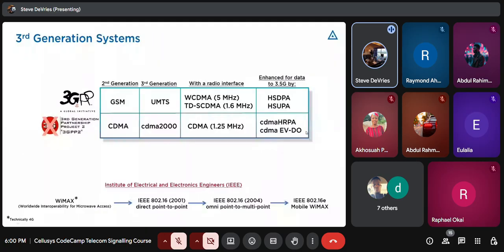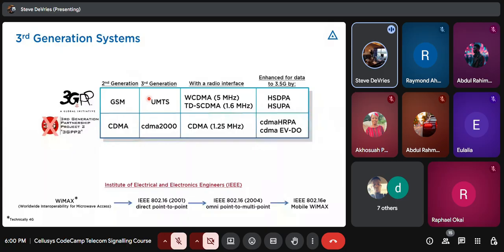So at this point in time, you had two different groups that were doing 3G: one that followed the GSM standard, that's this one right here, and one that followed what was at that time North American CDMA, narrowband code division multiple access. The second generation written by 3GPP was called GSM.